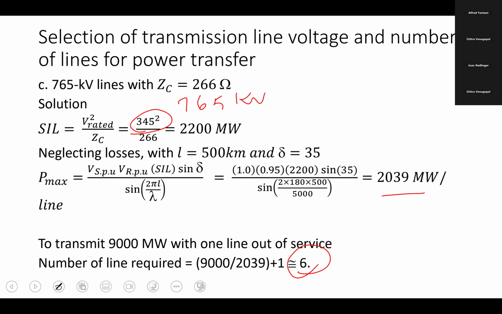So the load is not getting the expected voltage and the power as required. Our system is designed for automatic regulation control. So what it will do is it will put that extra power on the other lines, because one line has already failed. It calculates how much, so multiply it by 5.